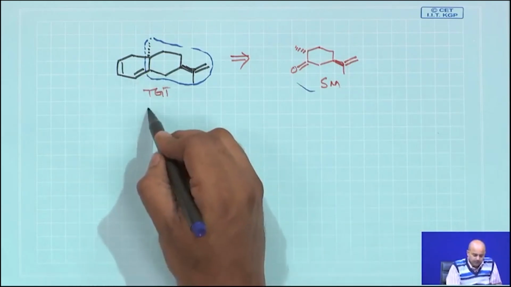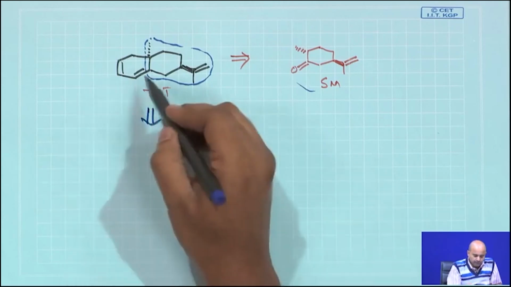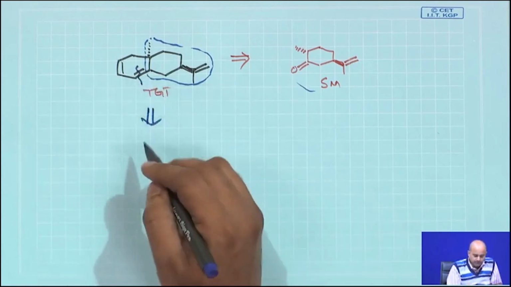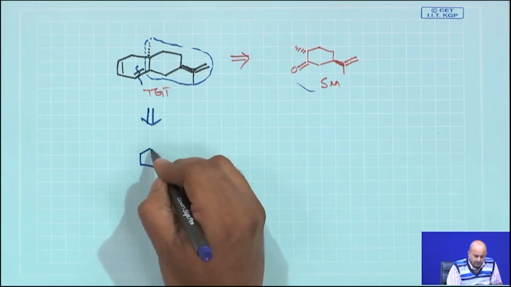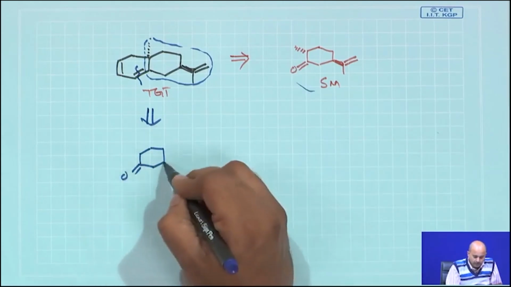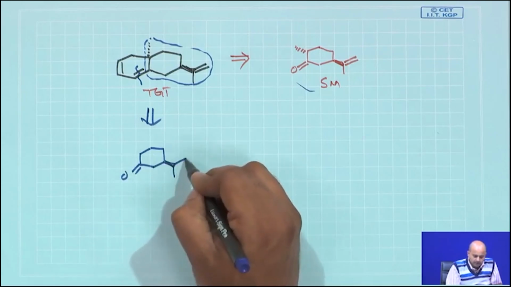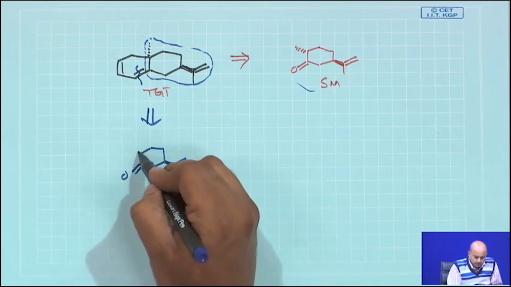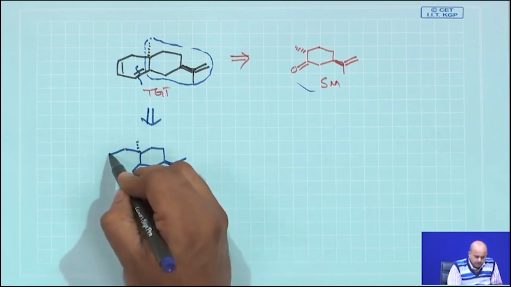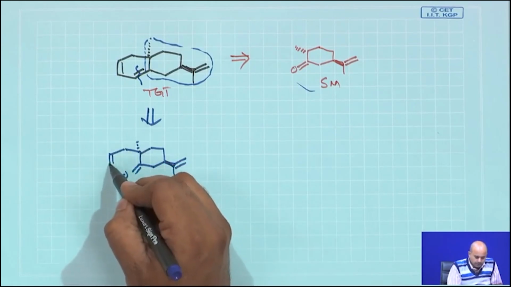So, what I now propose is that we keep it this way, and as this ketone group is there, we will do a Wittig kind of olefination if it is possible.